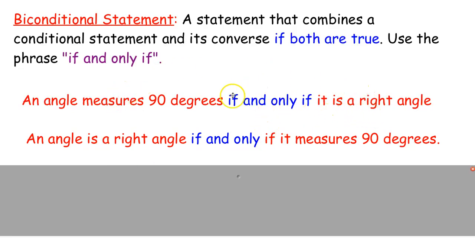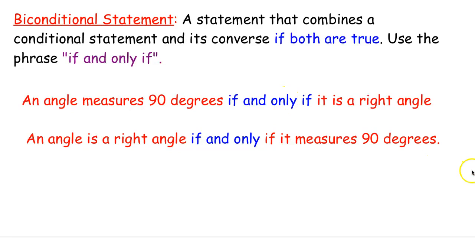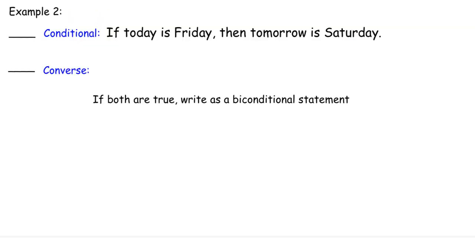So when we have a statement where it works both ways, you can just write it one time and put an if and only if in. So if we look at the example you have, if today is Friday, then tomorrow is Saturday. Well, that's true. That works. You have to have Saturday after Friday.